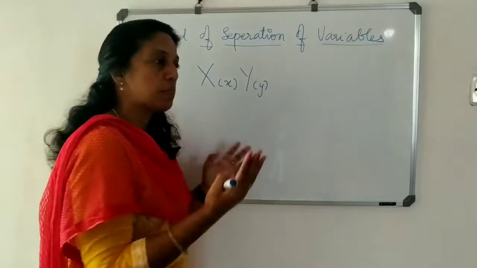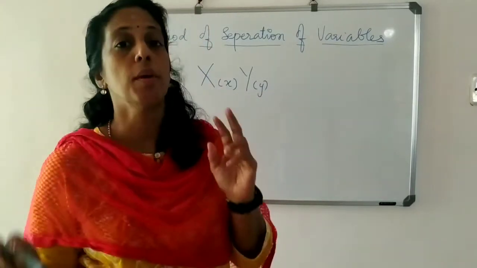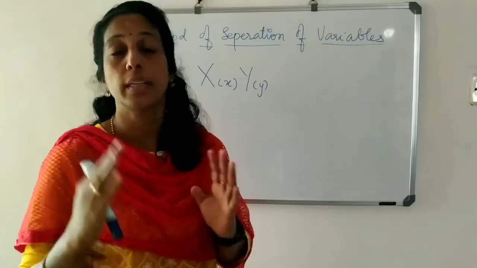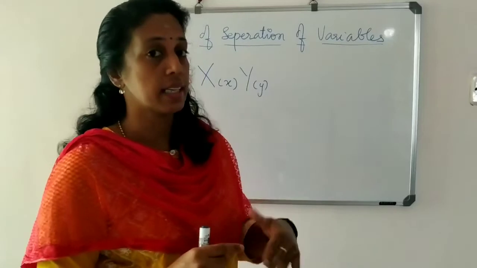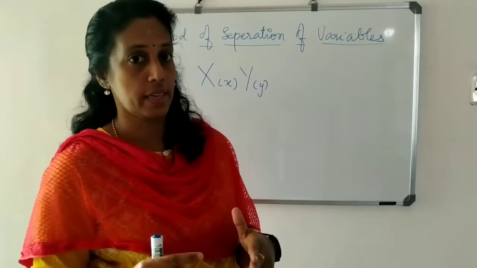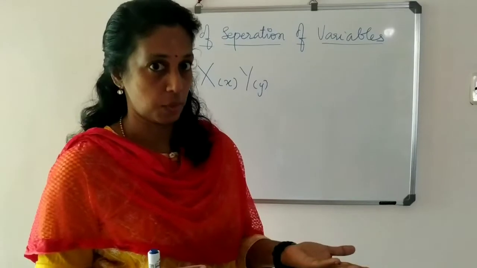When you separate the variables, we will form two different ordinary differential equations. They are not partial differential equations; we are getting two different ordinary differential equations, and you know how to solve ordinary differential equations.